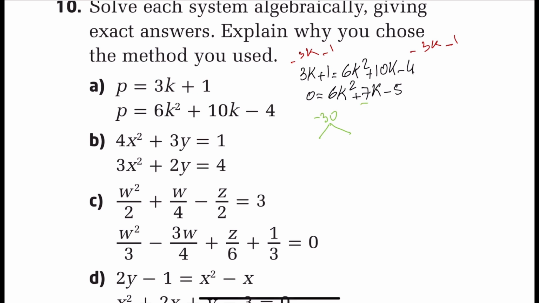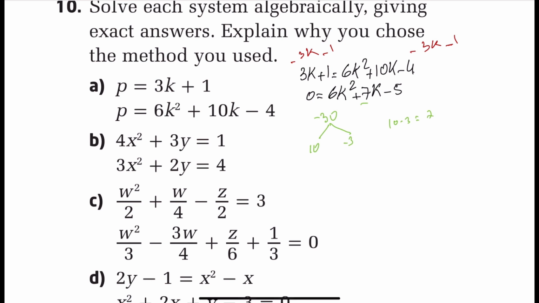So two numbers that multiply to minus 30 and add to 7. I can say maybe 10 and minus 3. So this gives minus 30, and 10 minus 3 gives me 7.